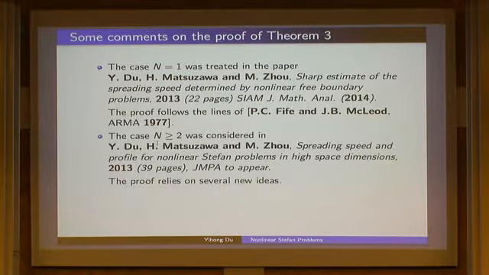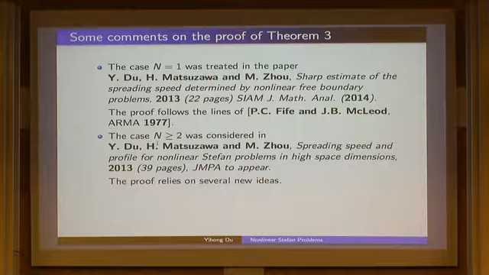And I'll just comment very briefly. For this theorem 3, the n equals 1 case and the n greater than 1 case are actually treated in two different papers. For n equals 1, we could borrow the ideas in this classical paper of Aronson and Weinberger. But for the n greater than 1 case, we have to rely on several new ideas.